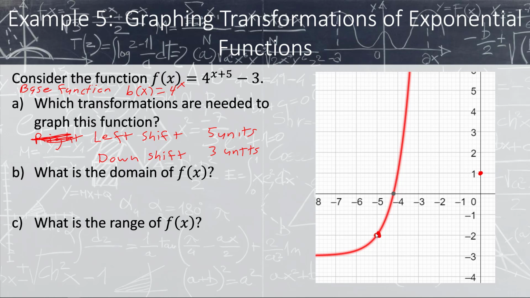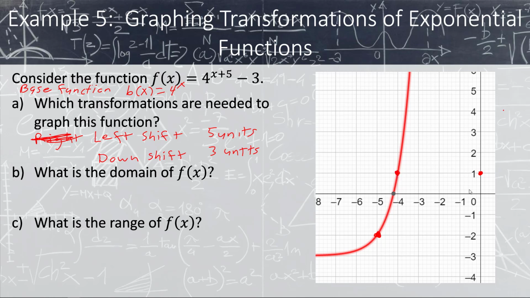Furthermore, if the base function is 4 to the x, then when x is equal to 1, y is going to be equal to 4, which is somewhere off the screen over here. So if I shifted to the left by 5, 1, 2, 3, 4, 5, and then down by 3, I should end up at 1. 1, 2, 3, and there I am.